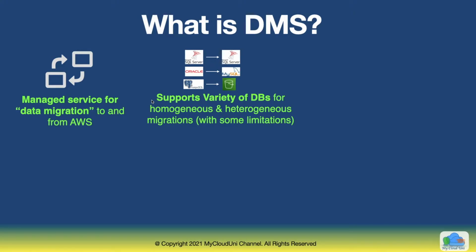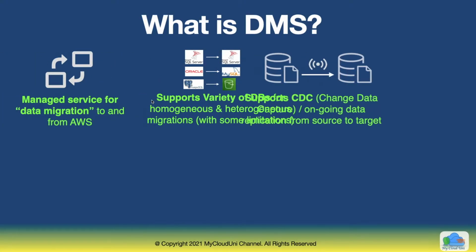What this means is you can actually have your source as SQL Server and your target as probably mySQL, or you can read from Oracle and then write it into S3. So that is heterogeneous, or you can read from SQL Server and write it into SQL Server. That is homogeneous migration. So DMS supports both homogeneous and heterogeneous migrations.